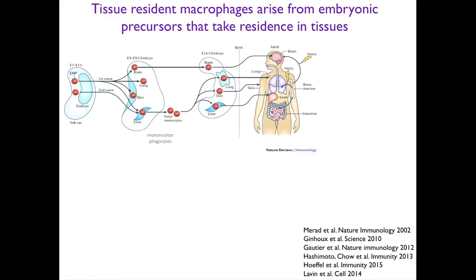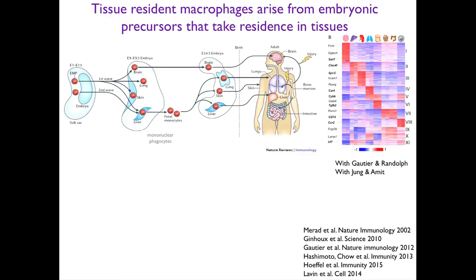We had shown that most macrophages in tissue arise from a second wave of myeloid seeding that occurs in the fetal liver. And then you end up with a pool of macrophages in tissue that is maintained in the animal for a very prolonged period of time. And consistent with this life cycle, we had shown that macrophages in tissue have a unique transcriptional program that is really dictated by the tissue in which they reside.